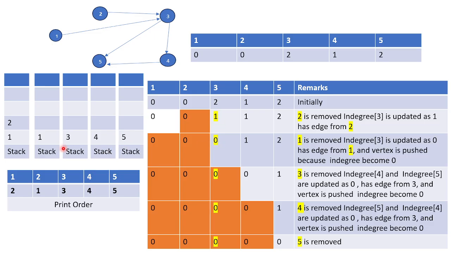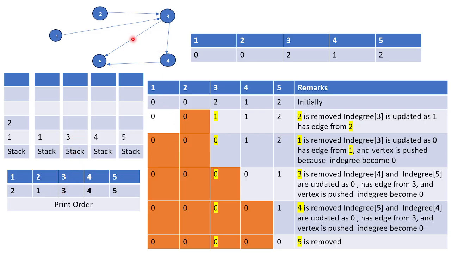If it becomes 0, then only push, so no change here. 1 is removed and added to the output. Then there is an edge from 1 to 3, subtracted to 0, and that is pushed onto the stack. Vertex 3 is pushed onto the stack and popped out. The order is 2, 1, 3.